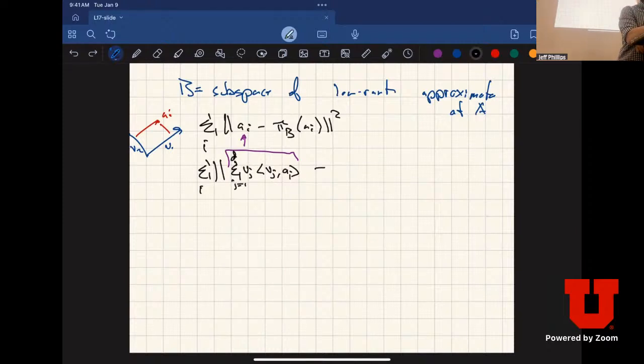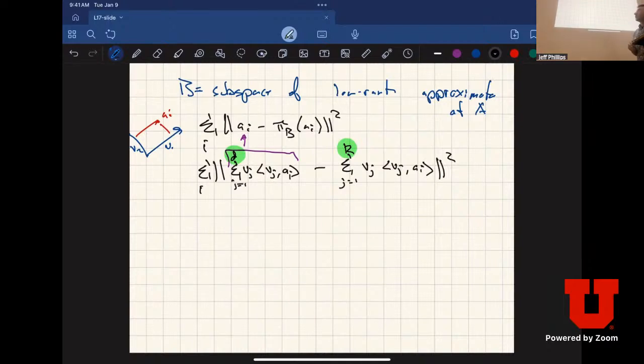I'm going to use the top k of these singular vectors to write this projection onto Bk. So instead of going through the d terms, I'm going to go to k terms: Vj dot Ai.